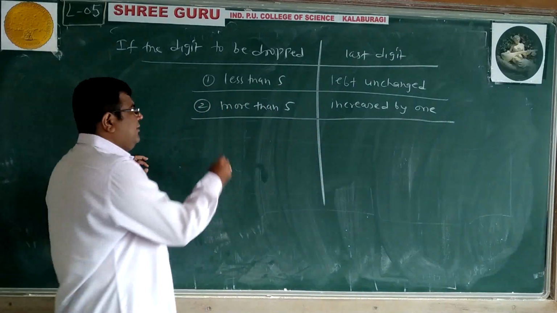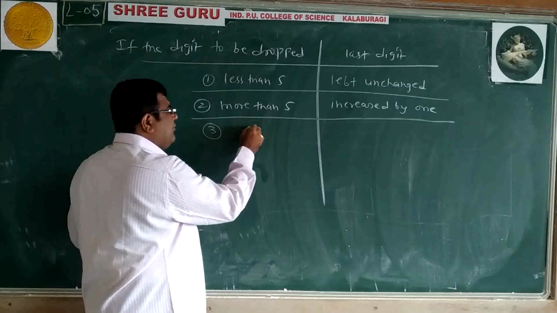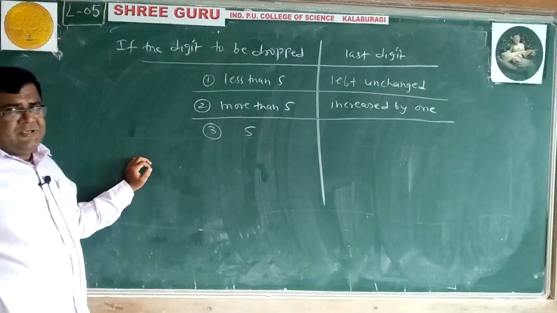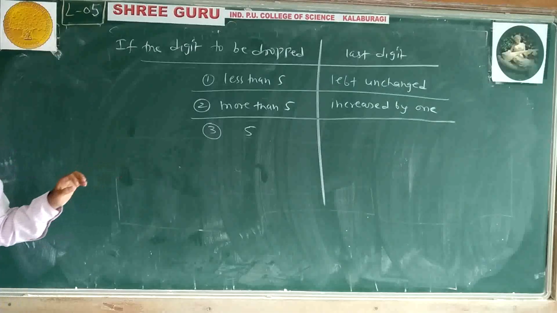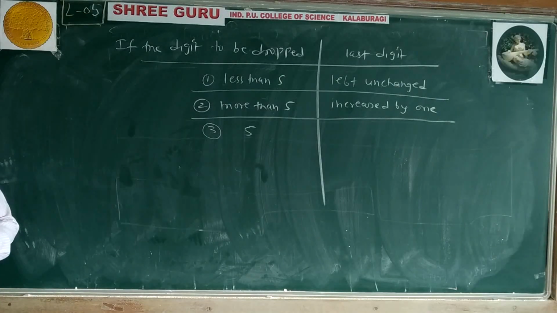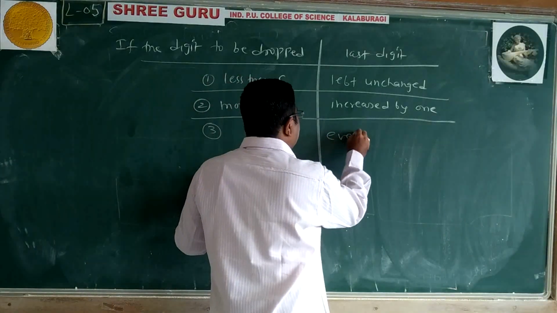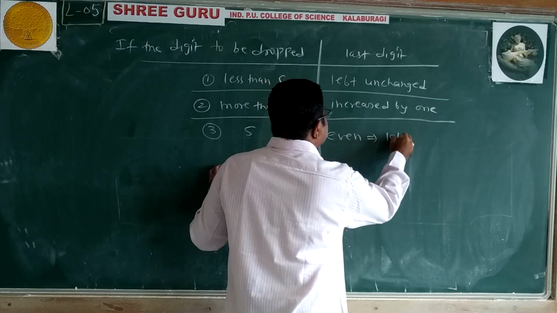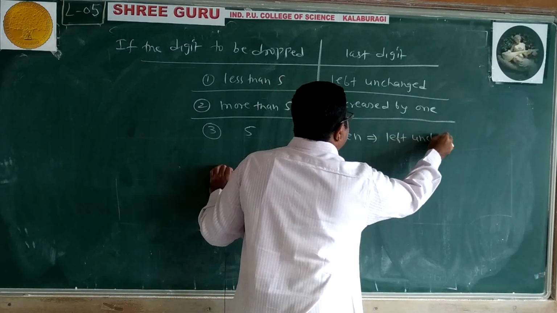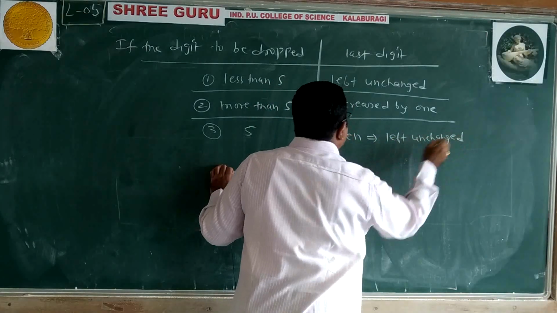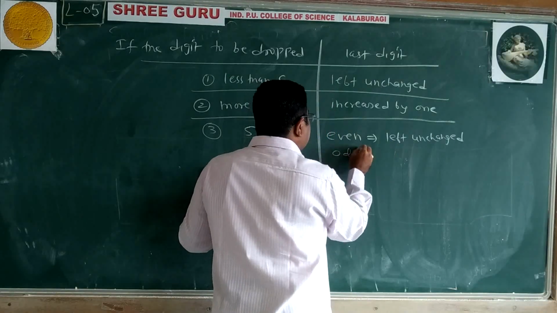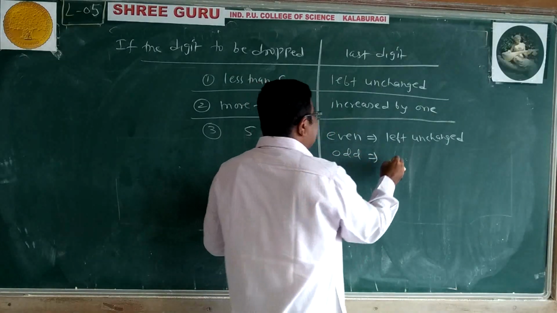And if the digit to be dropped is 5, then if the last digit is an even number, it is left unchanged, and if it is odd, then it is increased by 1.